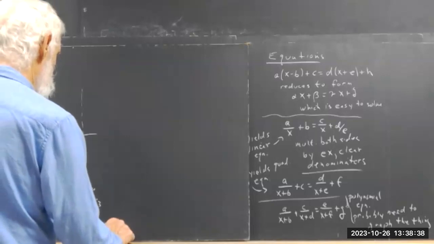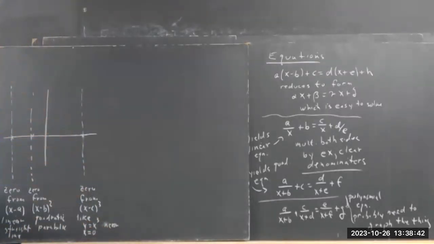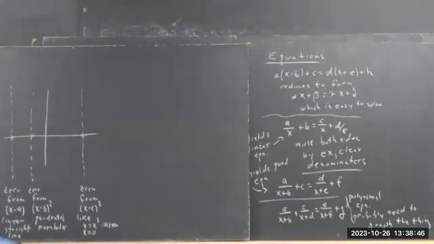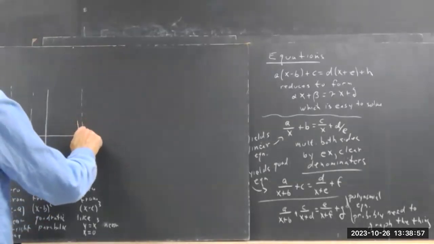What I'm saying is it's like y equals x cubed behaves near x equals 0. And what that means is you could have this behavior.